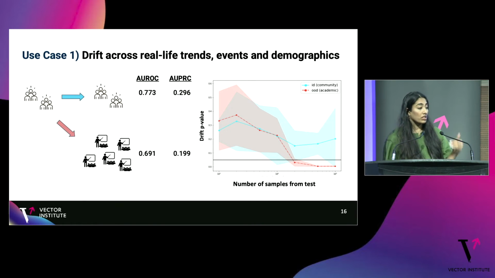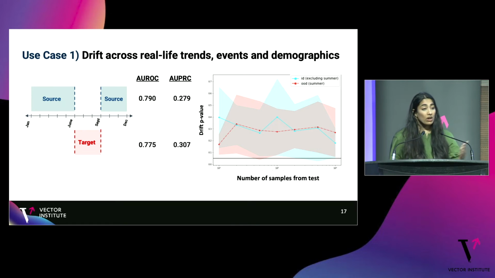You can see that there's a clear model degradation when we evaluate on our out-of-distribution data. And we were also able to detect that using our drift detection algorithm. So you can see that in a label agnostic manner, the red line goes below the p-value threshold, and we're able to detect that there is a drift and that there will be model degradation in a model agnostic manner or a label agnostic manner.